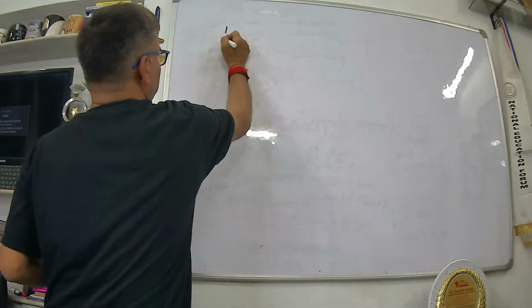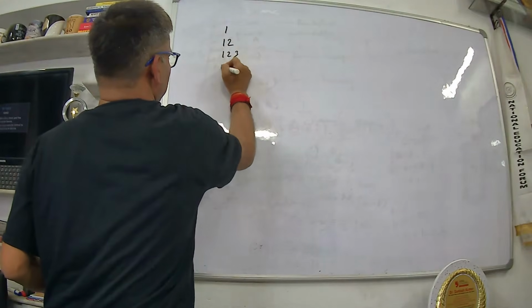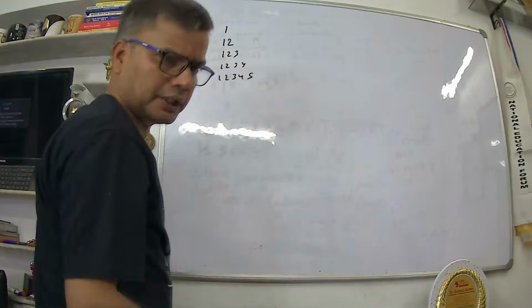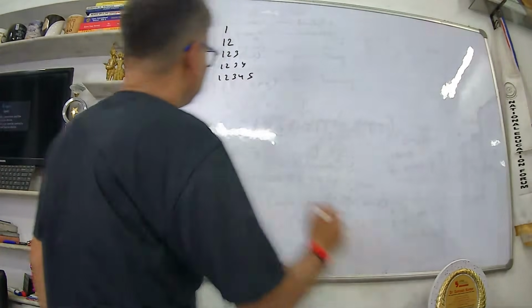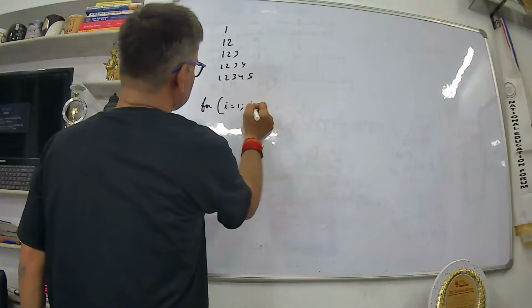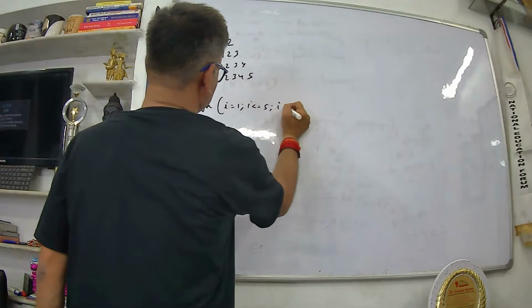For example, this is the pattern: 1, 1 2, 1 2 3, 1 2 3 4, 1 2 3 4 5. Now, if I say for i equal to 1, i less than equal to 5, i plus plus.